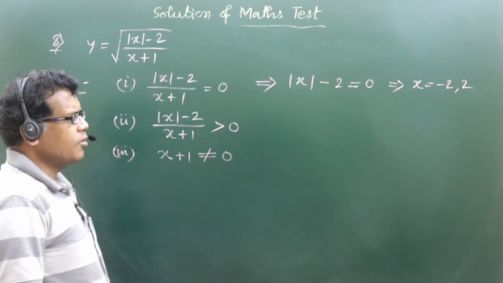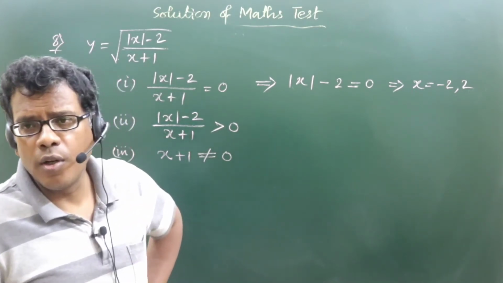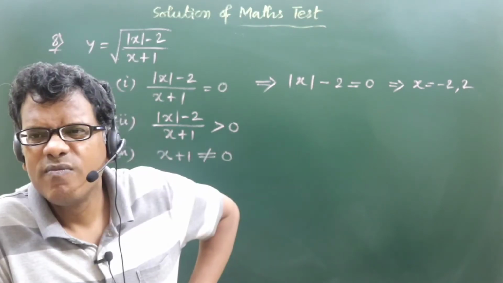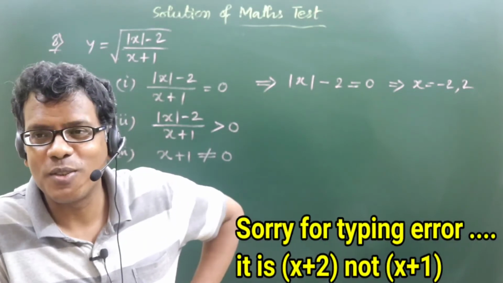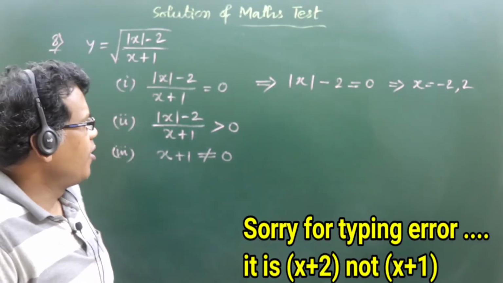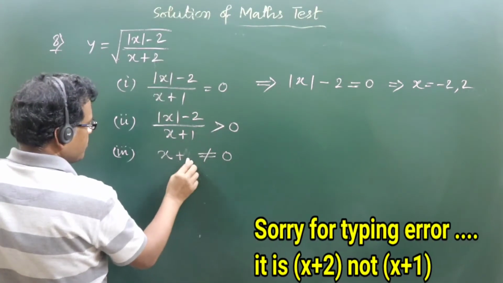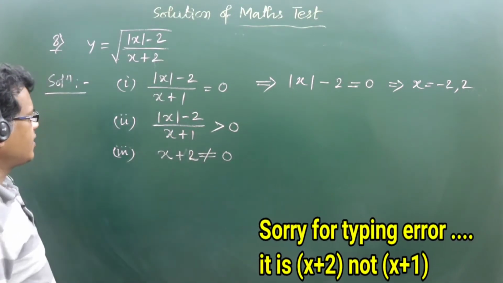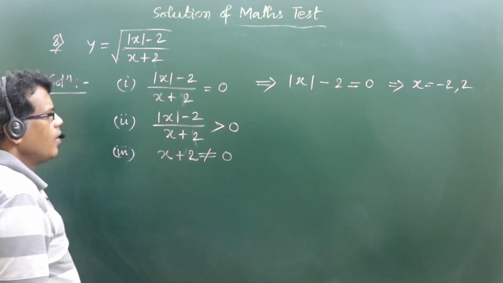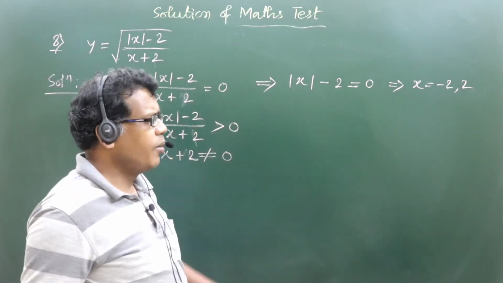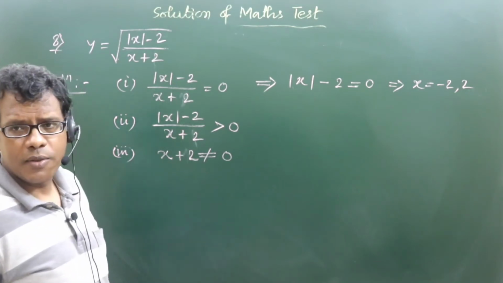Mod of minus 2 will be plus 2, and of course mod of plus 2 will also be plus 2. If it is x plus 2 in the denominator, then it should be x plus 2 with all of you. Okay, no issue. Let it be with the plus 2. The rest will be the same. So the numerator can be 0 with x taking either minus 2 or plus 2. First point.